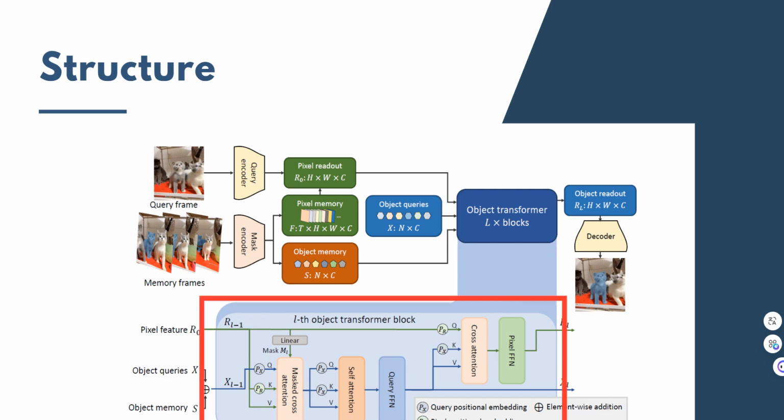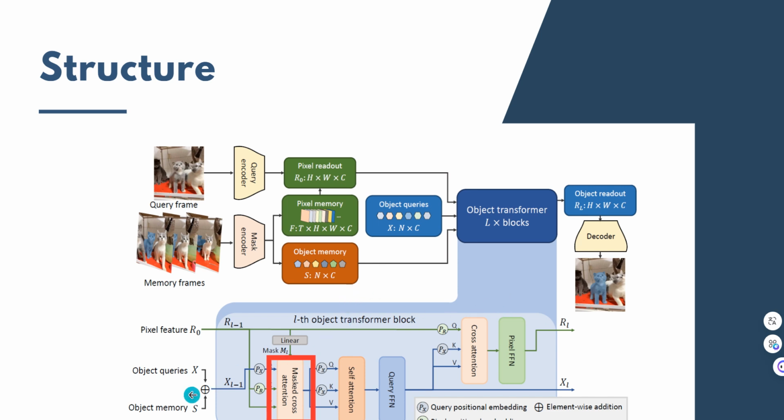First of all, we can see that at the beginning the object queries and the object memory will be summed, because as I said, the object queries are the feature of the object memory, so the size will be the same. So we just need to sum them at the beginning to let the transformer know what has been trained, so it can do the further task.